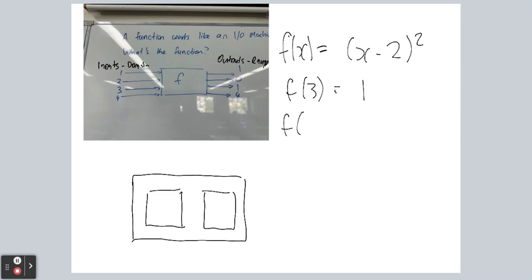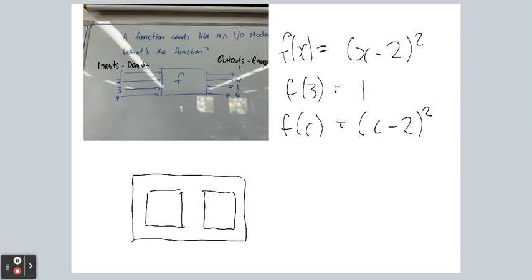We can also go f of c, can't we? We don't know what c is, but that would just be c minus 2 all squared, right? For some value of c. It's a different variable, but we effectively replace the input that we're given, which is x in general, with an expression. The expression might be a number like 3, which gives us a specific value output, which is 1.